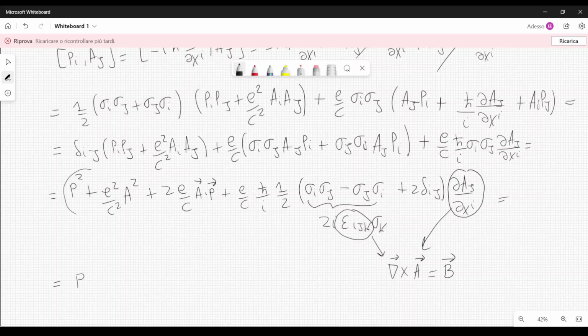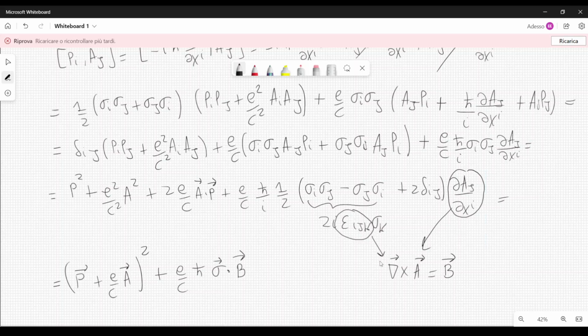So I can put together these three, and I can rewrite them as p plus e over c times A. So these are vectors, and this is squared, plus e over c h bar, and then I will be left with sigma dot B.